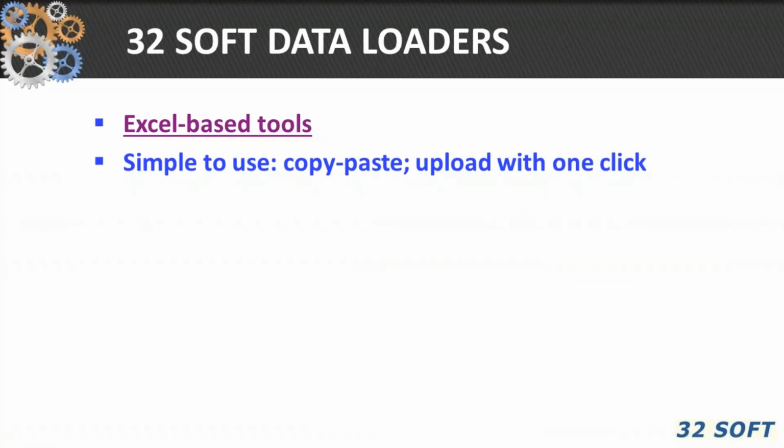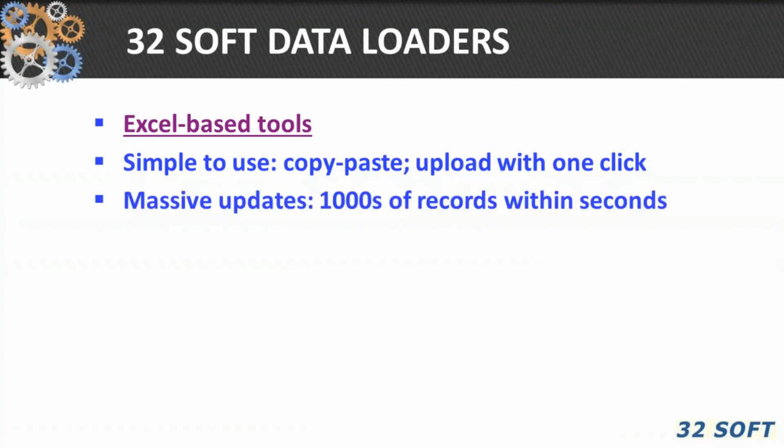Copy paste data from external sources to avoid manual typing or errors, and then upload to QAD with one click. You can do massive updates like price list, orders, customer schedules, forecast, cost sets, etc. You can process thousands of records within seconds. It means you can literally compress days of work into minutes of work with these tools.